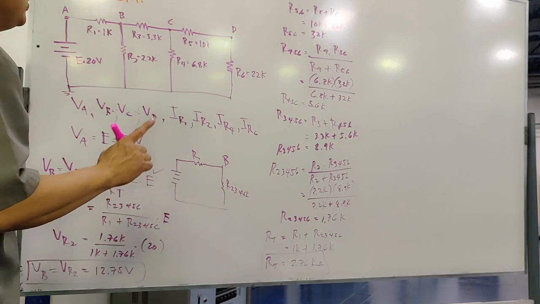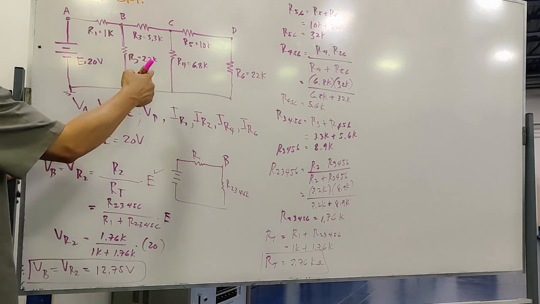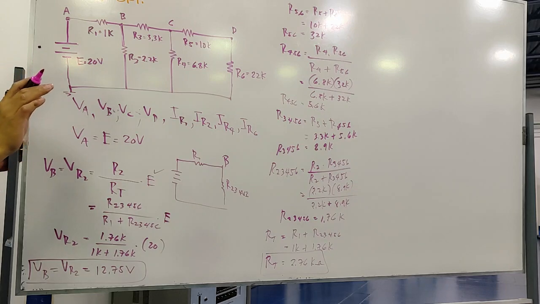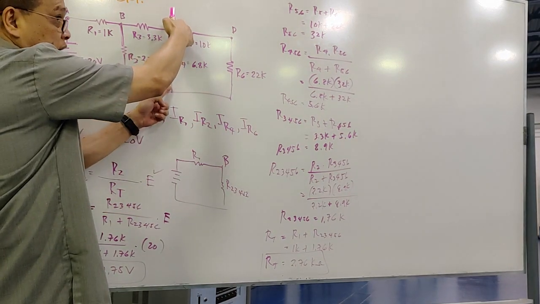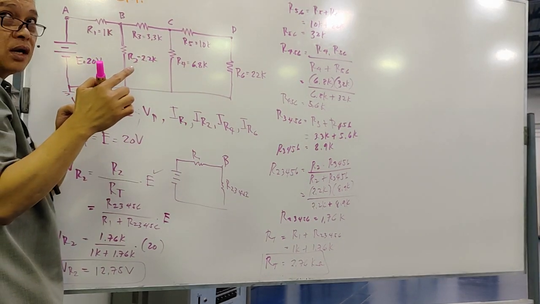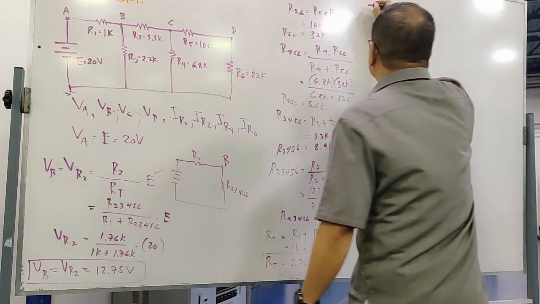Same thing when you are after VC. So now, be careful again with VC. So you are after VC, which is this one, when you apply the voltage divider rule. What should be the formula now?